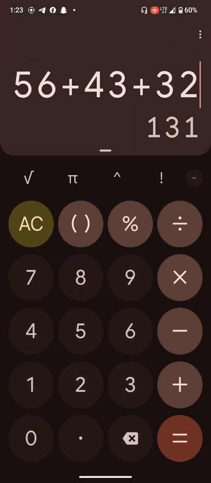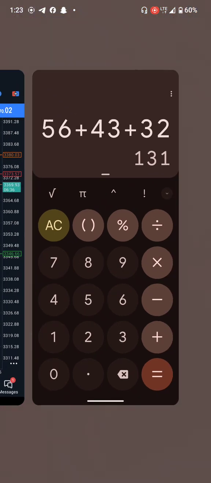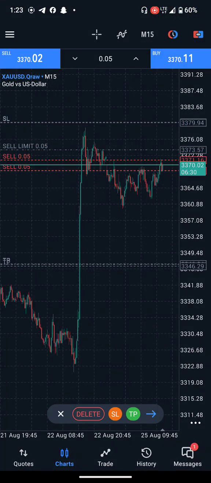So in total I'm going to lose $131 if all the positions have triggered. This first one is in, the second one is in, so had the third one been in also, and the market went against me and touched this stop loss, I am going to lose $131 in total.